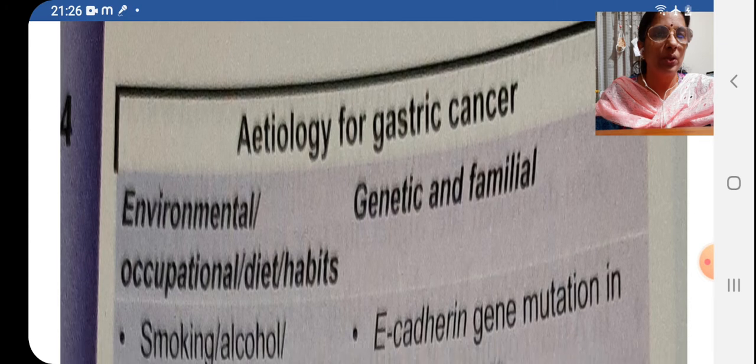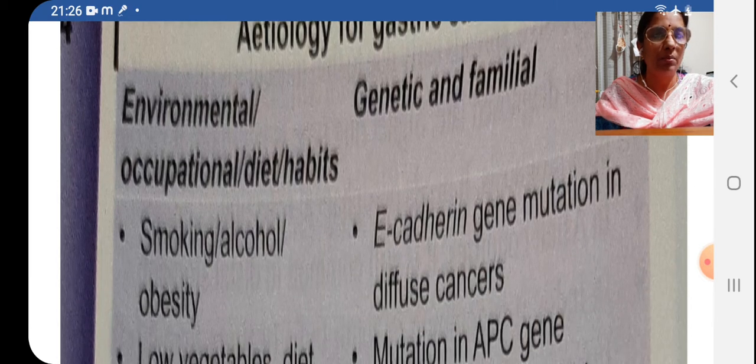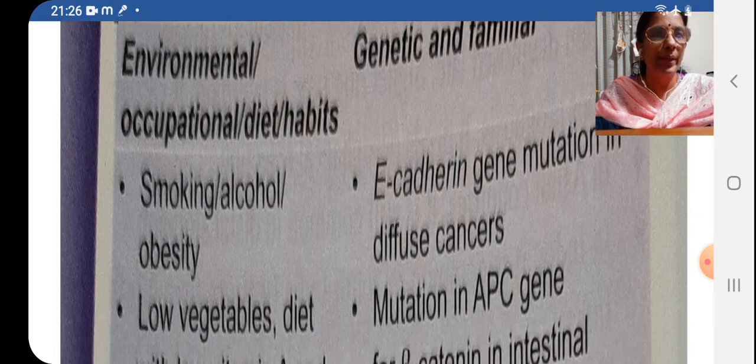So coming to the etiology, this I have taken from SRB. You can go through all these things. Environmental, occupational, and dietary habits lead to the development of carcinoma stomach. That is smoking, alcohol intake. Daily 3 pegs of alcohol can lead to chronic atrophy of the gastric mucosa and can lead to carcinoma.